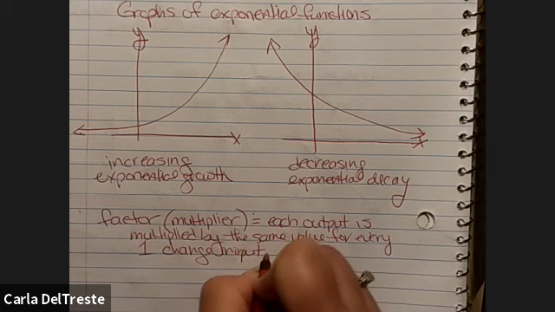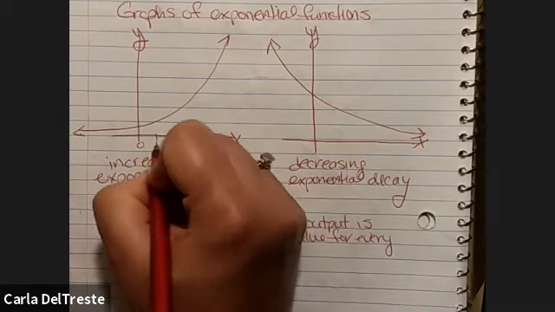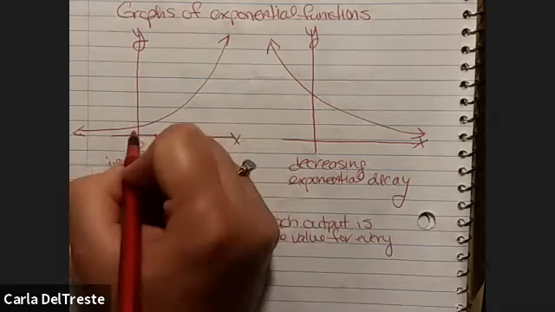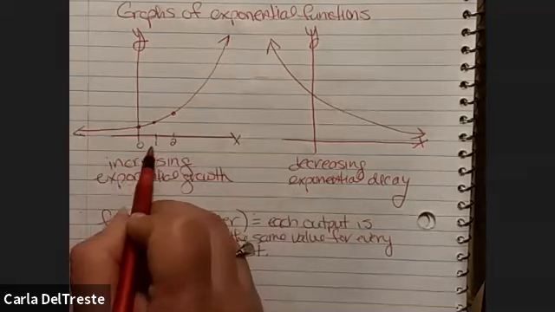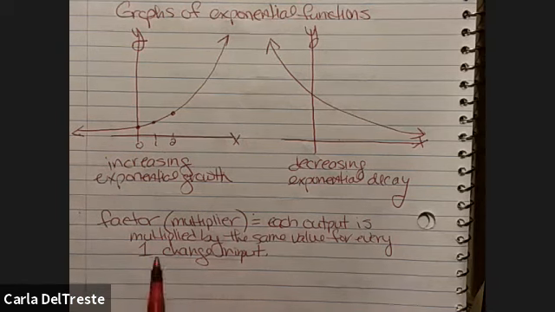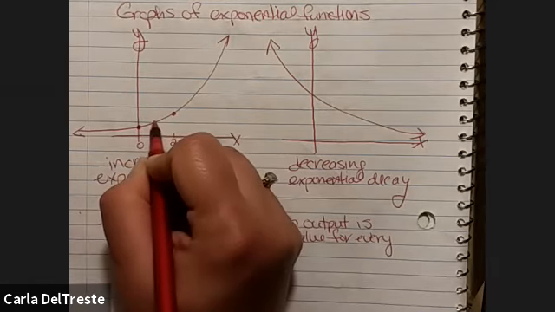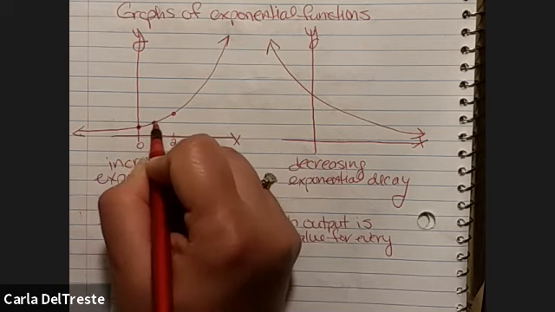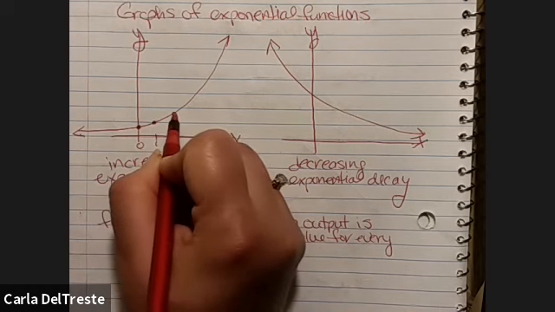So to put some values in here, if I look from point to point to point, 1 unit apart, okay? Because this part is very important. It can only be 1 change in input, at least for this level, at least for our class. We're talking about 1 change in input. To get from this output to this output, okay, I multiplied by some number, okay? To get from this to this, I multiplied by another number, all right?